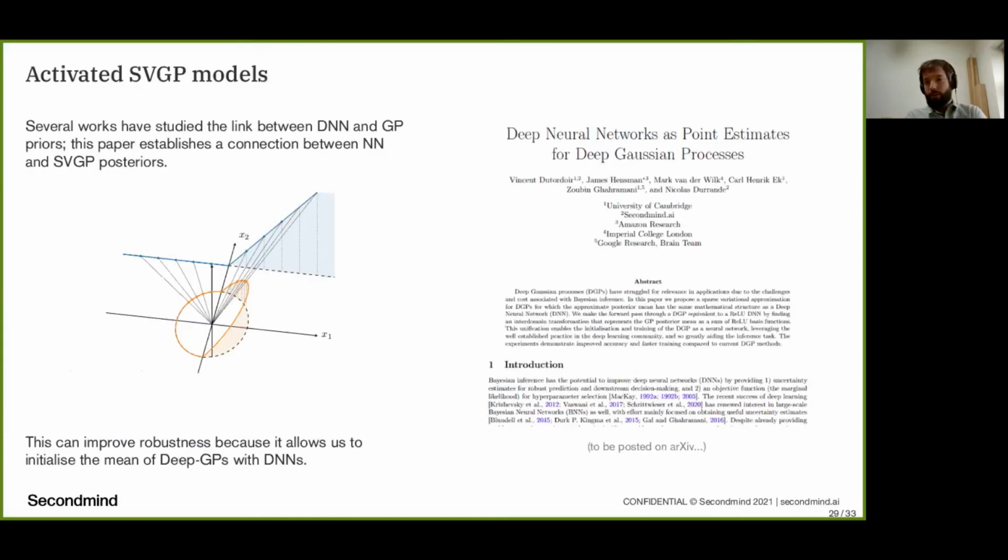Okay, and I'll just briefly mention another paper from Vincent and people at Cambridge University. This is not yet on arXiv, but it should be there very soon. The idea is to try to establish links between neural networks and the posterior of SVGP models.